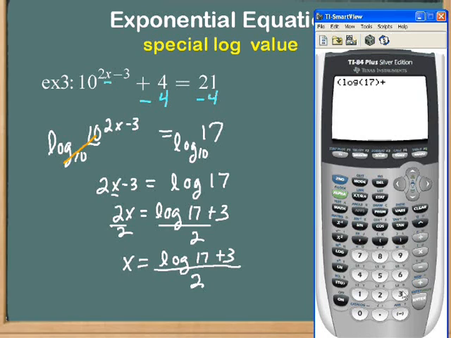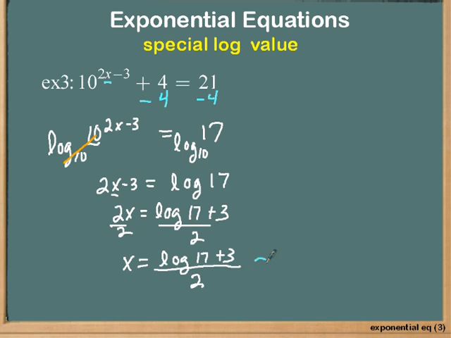We're going to add 3, and then we're going to close the parentheses again because that set of parentheses will now close the value of the numerator. I'm going to divide by 2, press enter, and I get approximately 2.115224461. I'm going to round to the nearest thousandths, so my final answer is going to be approximately 2.115.